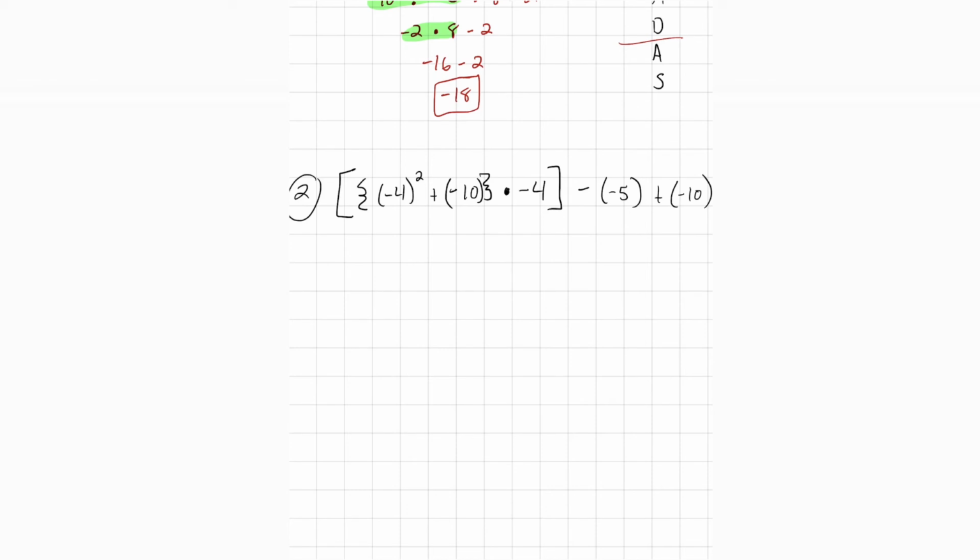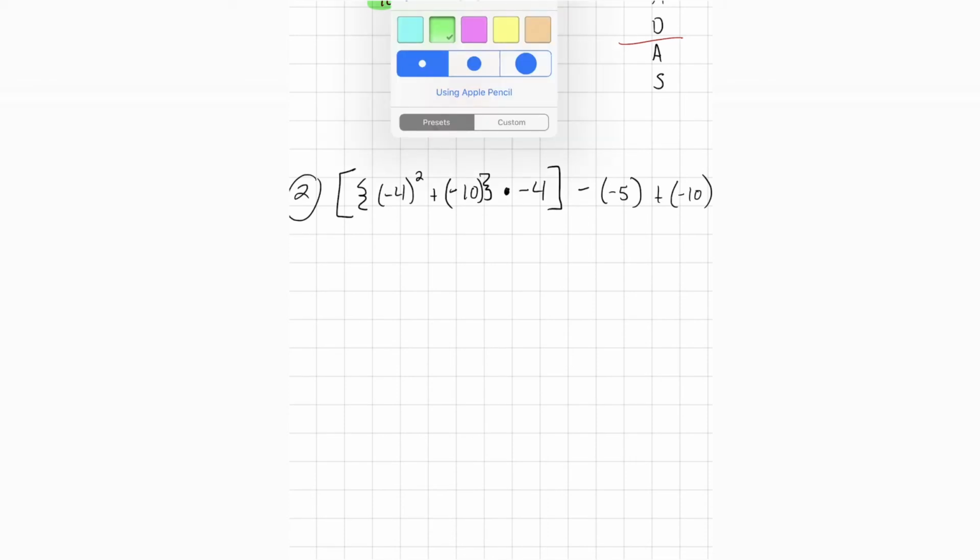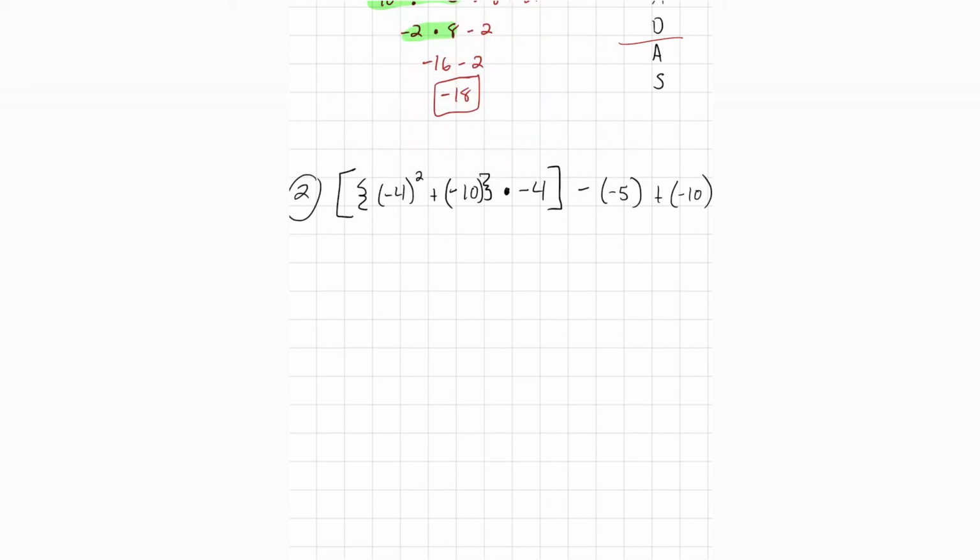I just want to point out one thing about the way this problem is written that sometimes confuses people. I'm going to highlight this in a peach color. The reason for the parentheses around negative 4, negative 10, negative 5, negative 10 is that books often write problems this way to draw attention to a negative.